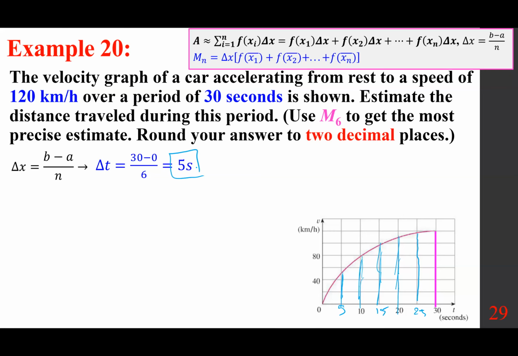How? If I use the left endpoints, f of this point. The first one doesn't create any area. f of this point, f of this point, f of this point, those are the heights, okay?